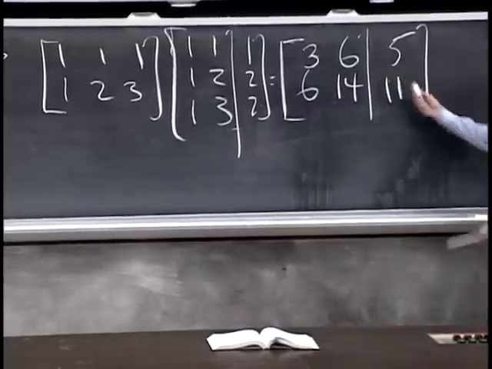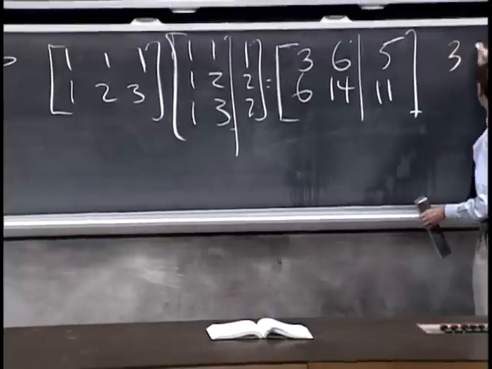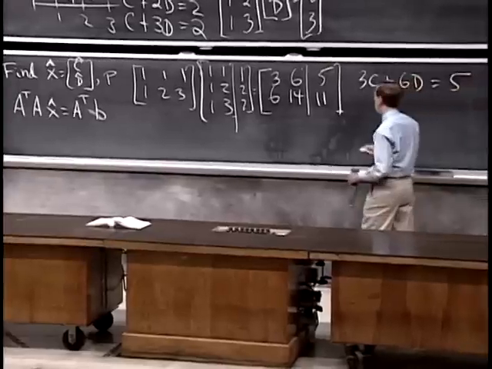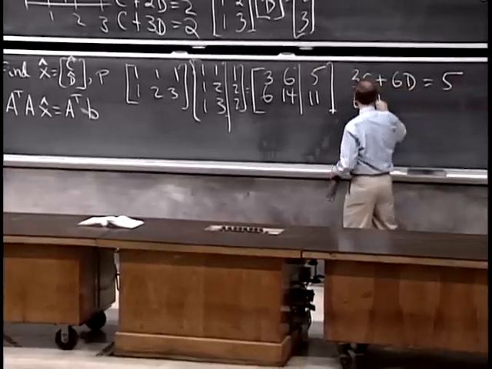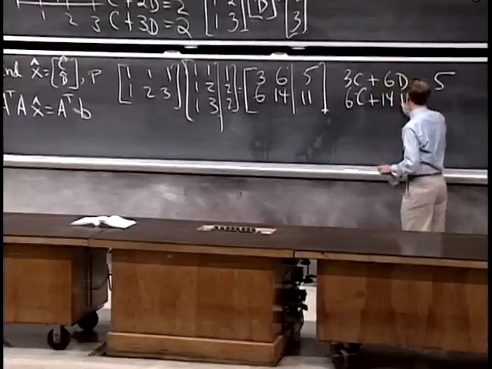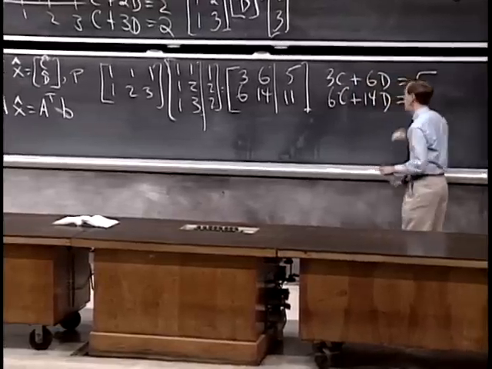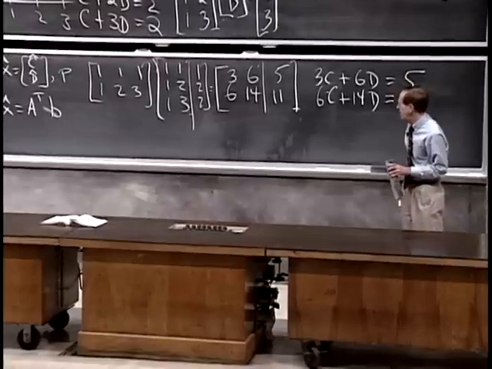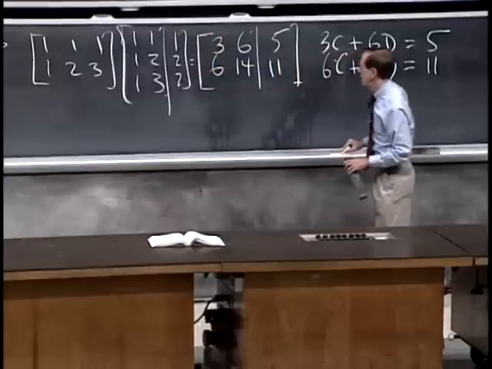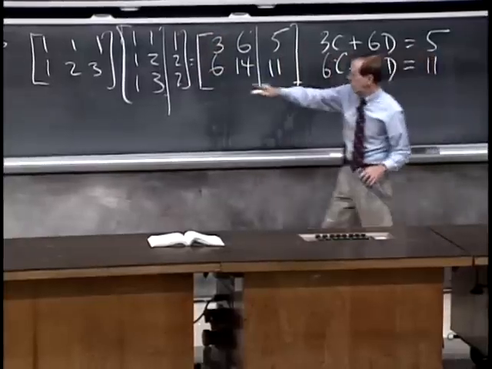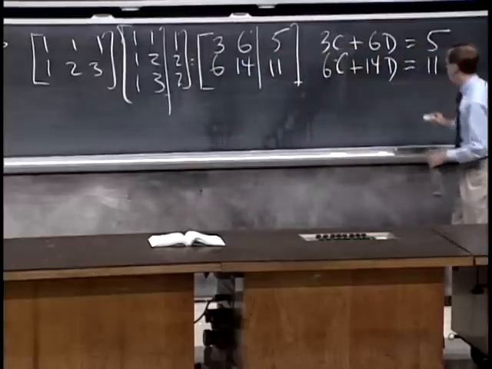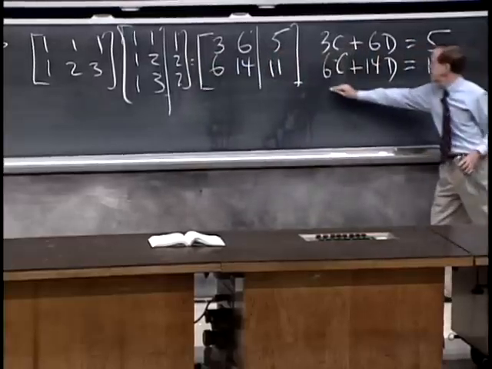So I think my equations are 3C plus 6D equals 5, and 6C plus 14D is 11. Can I just, for safety, see if I did that right? 1, 1, 1 times 1, 2, 2 is 5. 1, 2, 3 times 1, 2, 2 is 1, 4, and 6, 11. Looks good. These are my equations.